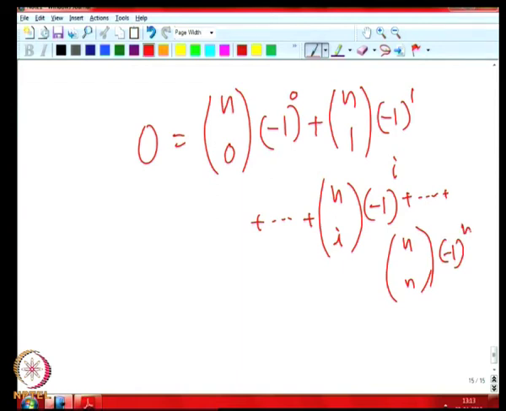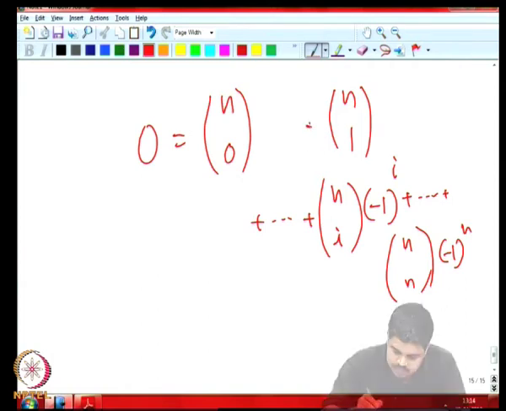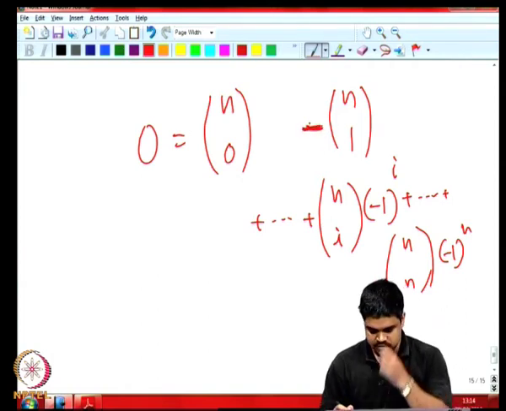What does this mean? If you look at this, minus 1 raised to 0 is just 1, so we can just delete it. On the other hand, this term is minus 1 raised to 1, so we can't delete it, but rather make it a minus here. And minus 1 raised to n is minus 1 raised to n.